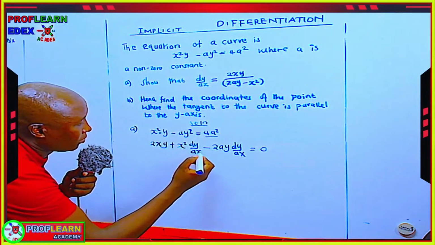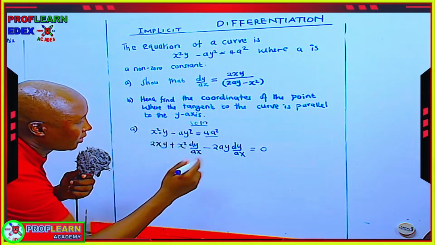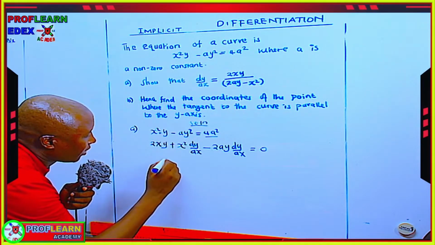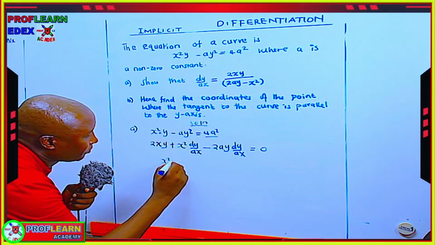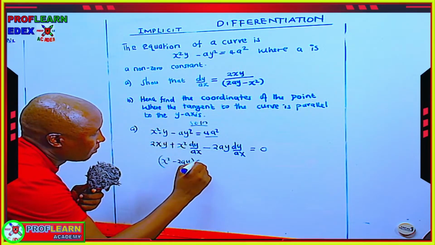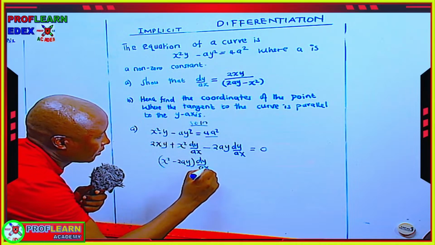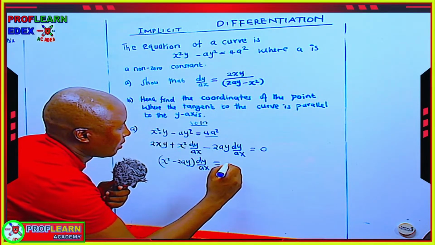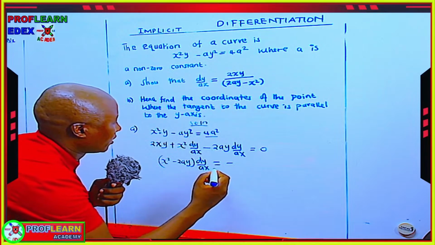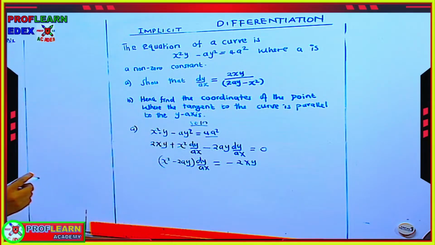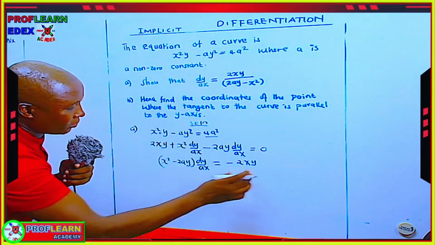So we're going to put the like terms together with dy dx, and basically this is going to reduce to x squared minus 2ay, then dy dx, equals minus 2xy.